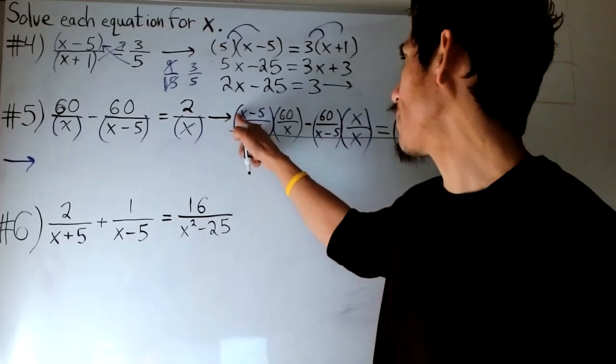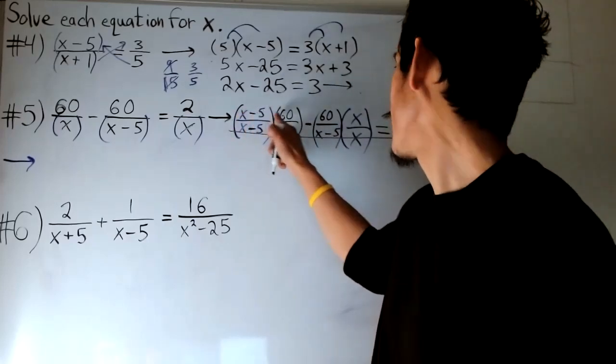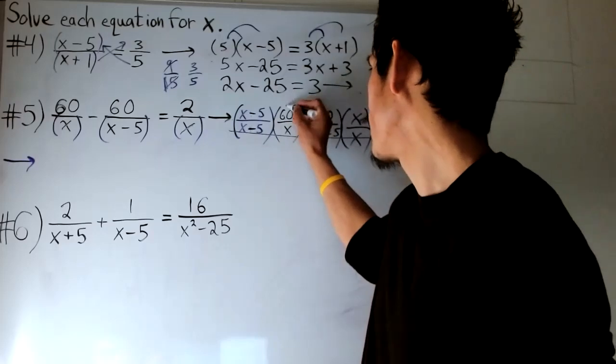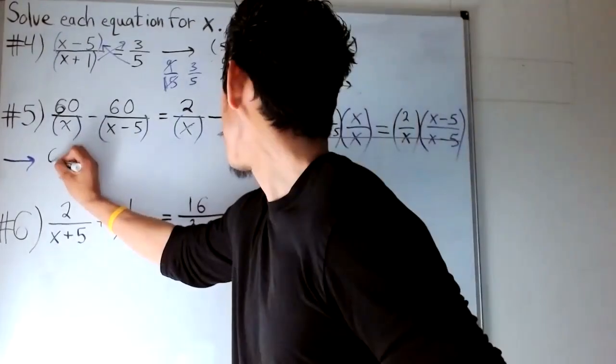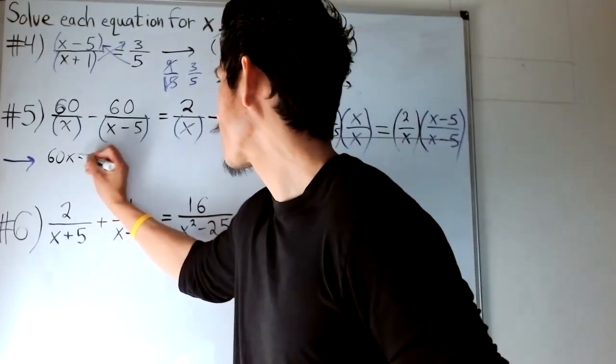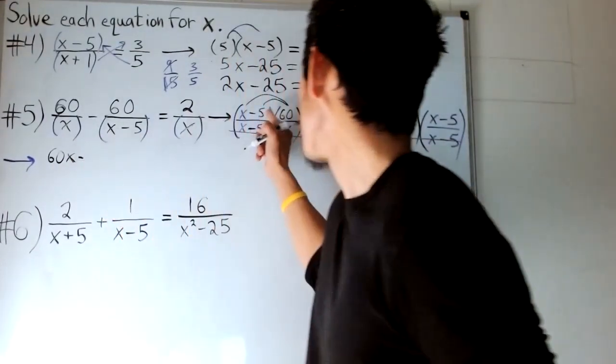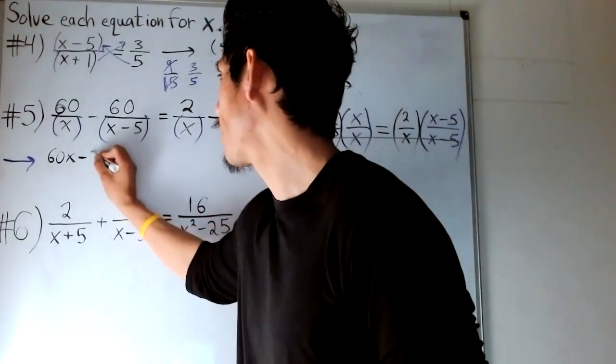And what we have on top first is the x minus 5 times 60. So let's be sure to multiply both those by the 60. So we'll have 60x minus 60 times 5, so minus 300.